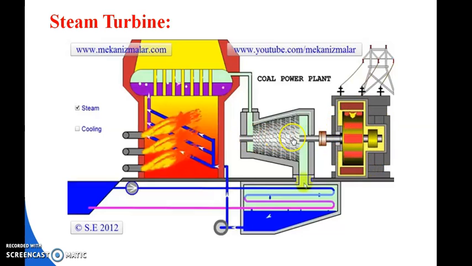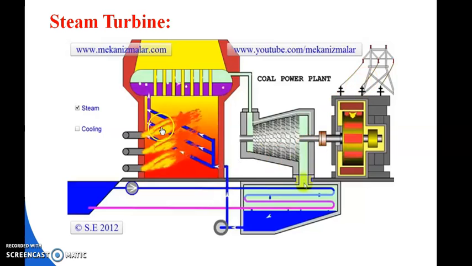So the turbine shaft and the generator shaft are coupled here. So when the turbine shaft starts rotating, then automatically the generator shaft will start rotating. And ultimately, what will happen? As the generator starts to rotate, the power will develop and that power will go to the grid for use.